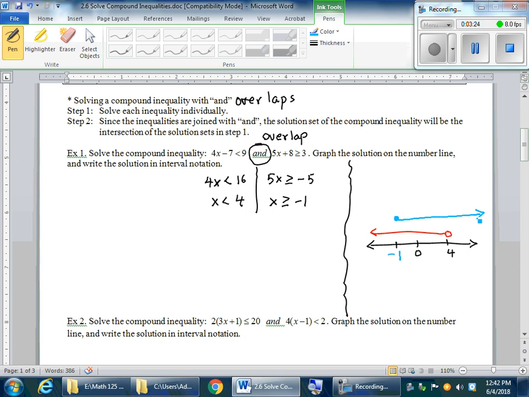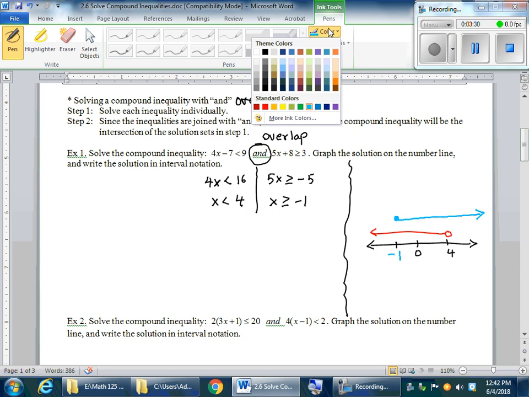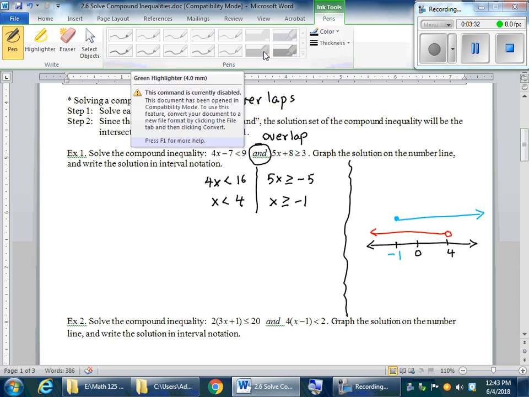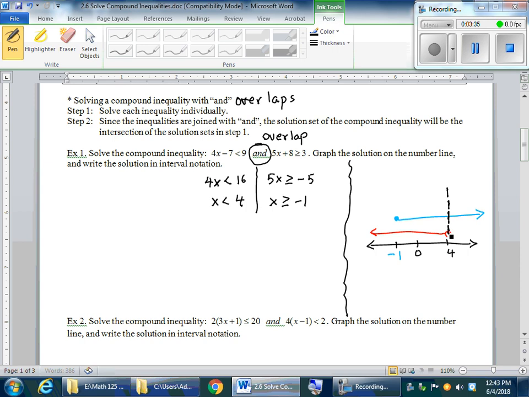Notice that I graphed them on top of each other so that it helps me visualize better. Where do they overlap? The overlapping part is between negative 1 and 4, so that will be our answer. 4 is not inclusive, and negative 1 is inclusive, so it will be a closed circle there. That helps us graph our solution.